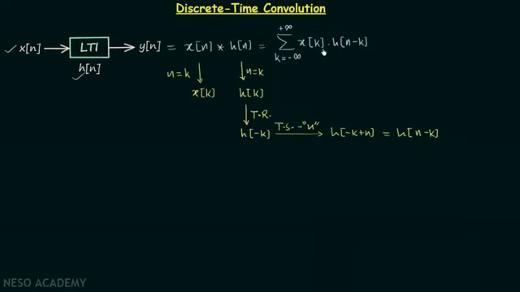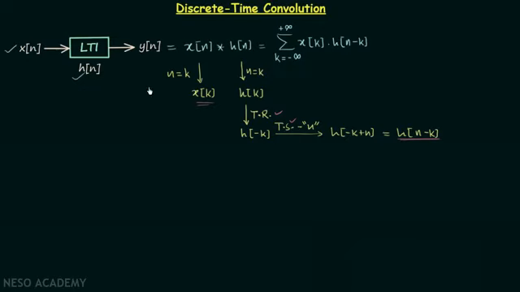We have x[k] multiplied by h[n minus k]. You can see that we have x[k] here, and we have obtained h[n minus k] after performing the time reversal and time shifting operations on h[k]. So the only thing required is to multiply these signals and then perform the summation. This is what we do in the convolution operation when we are dealing with a discrete time LTI system and discrete time signals.